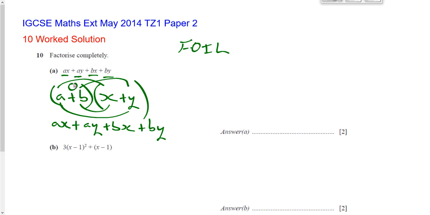And we have our Mr. FOIL there, and we also have our original expression, so we know that our answer is correct.